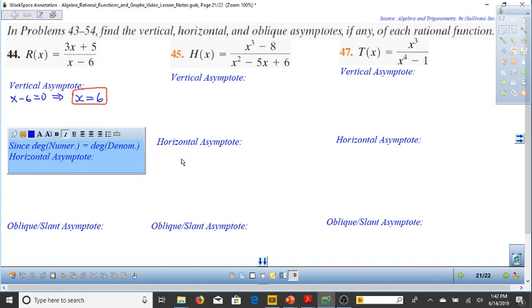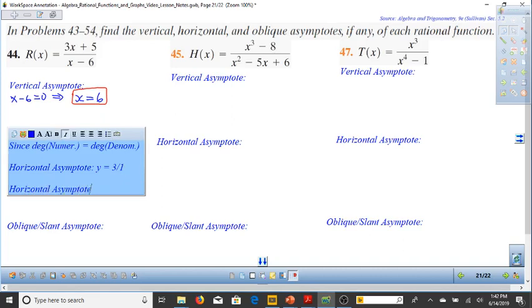Since that occurs, our horizontal asymptote is found by dividing the leading coefficients. So y equals the leading coefficient 3 divided by 1. So our horizontal asymptote is just y equals 3.